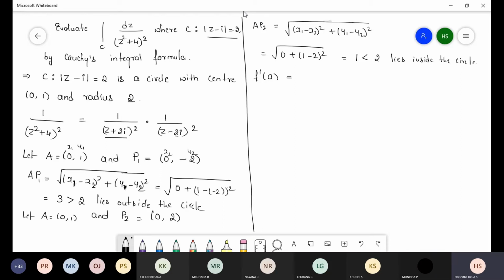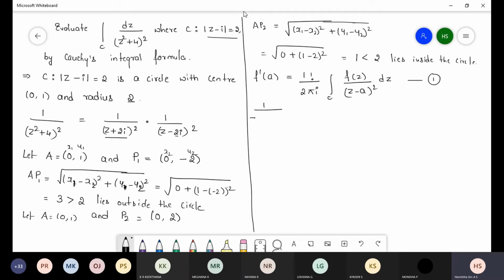So here we write Cauchy's formula: n factorial by 2 pi i, integral over the curve C of f of z divided by (z minus a) whole square into dz. Call this equation 1.